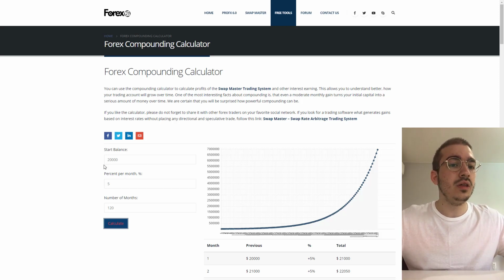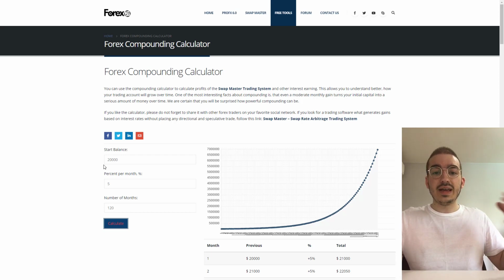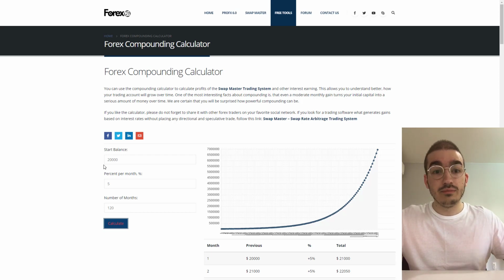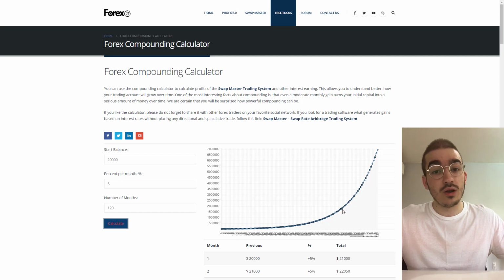And yeah, the only thing as well that I think is important to keep in mind is that, first of all, if you do trading full time and that's your only income, it means that you will need to take money out of the account every month to live off of your trading. And so if that's really your only income, then it will be much, much slower to actually get this type of exponential growth because you always take out money, which plays pretty much against the compounding effect, right?